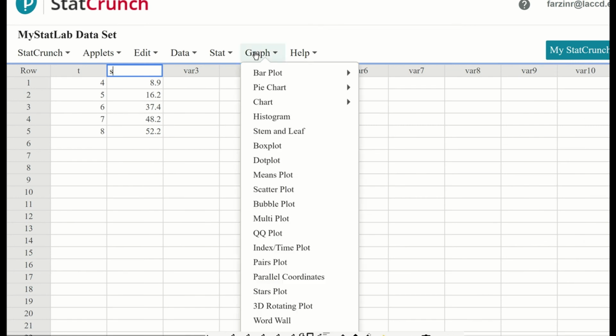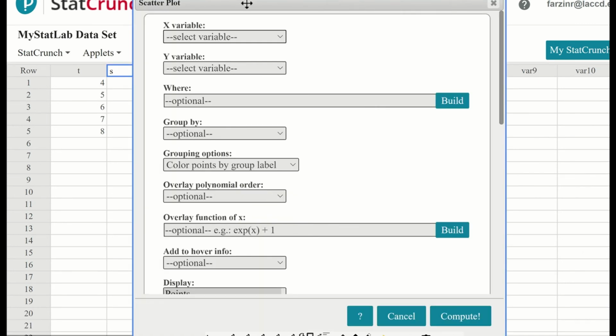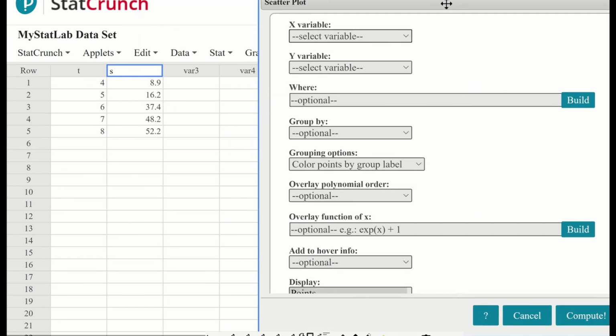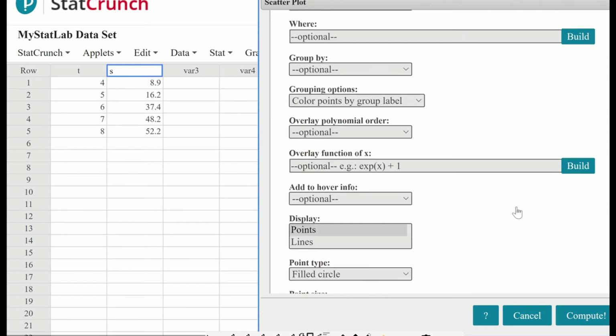So remember, very simple, just graph scatter plot. Again, you could also do that on ClassCalc or Desmos, very simple. Remember to use T for your explanatory variable, S for your response variable. The nice thing about StatCrunch is you can change the names to be exactly what you're looking for.